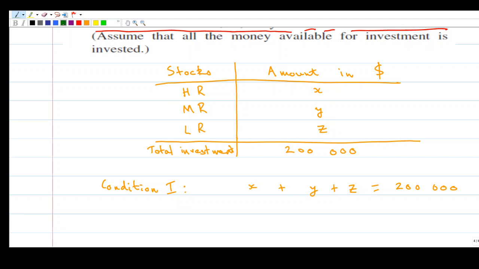Working with the part in green, this is concerning the investment.